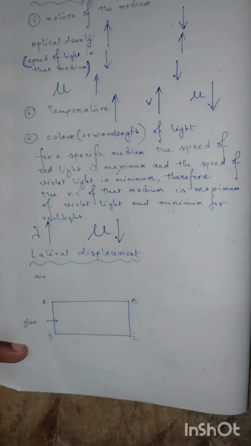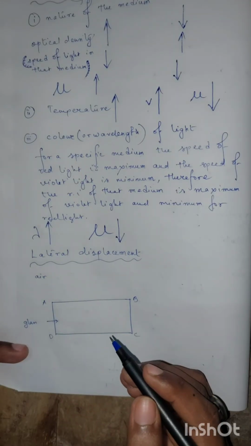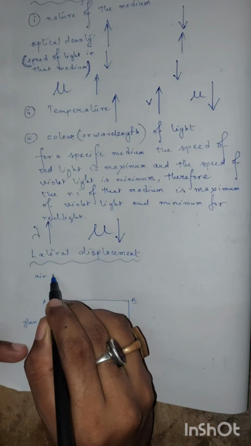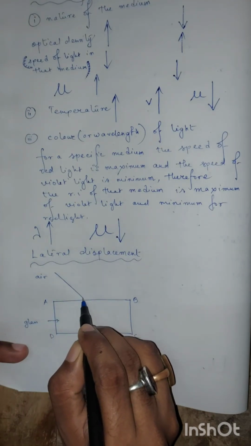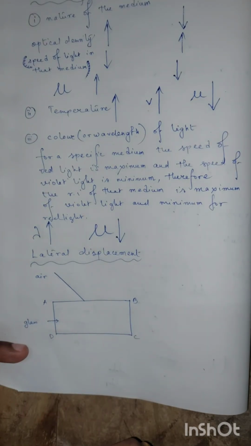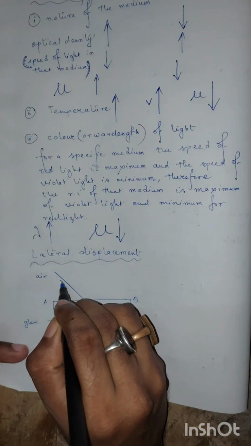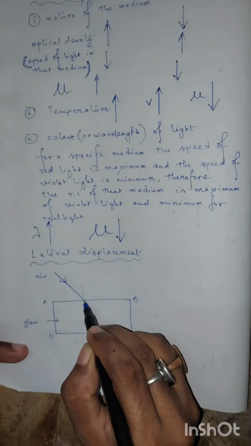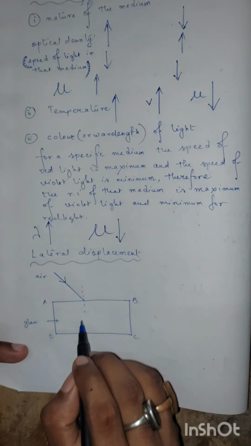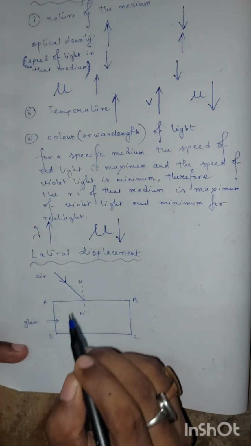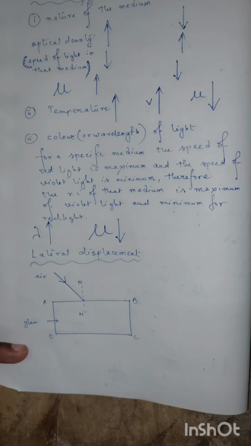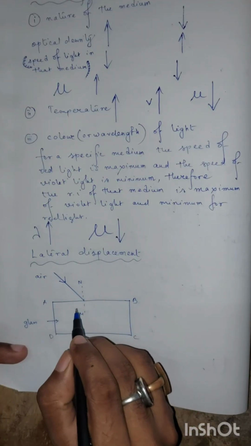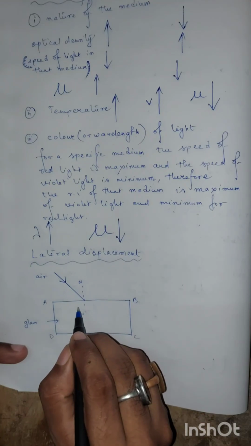So the glass block is placed in air and a light ray is coming through air and strikes the rectangular glass block obliquely. So this is our incident ray. Let us draw our perpendicular at the point of incidence. This is our perpendicular and let us assume this is O.